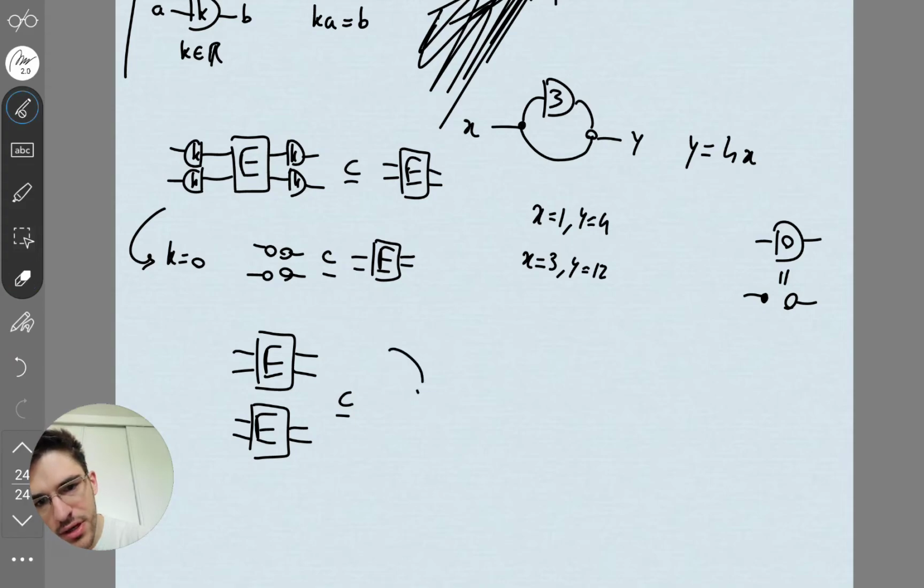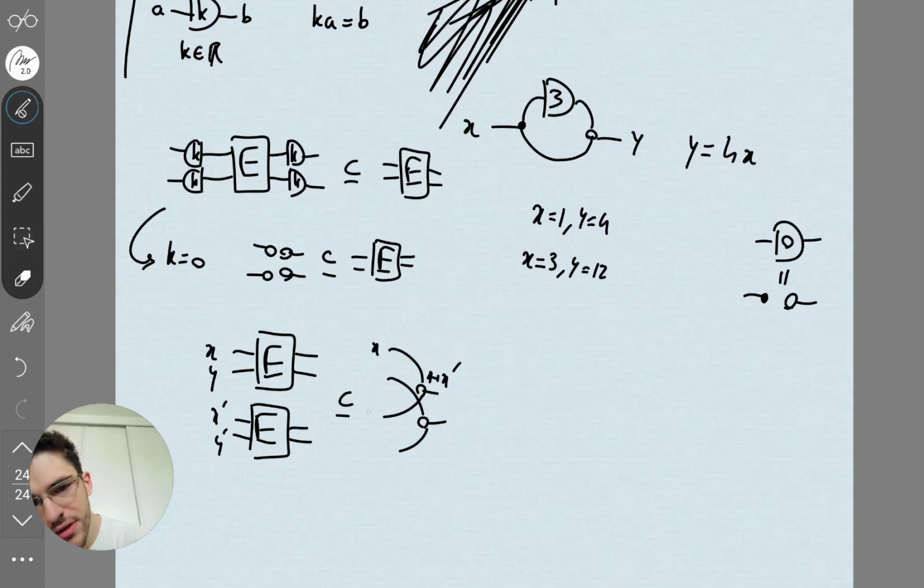So I sum the points, right? So if I have x and x prime and y prime, etc., then I will have here x plus x prime, right? That's x prime.